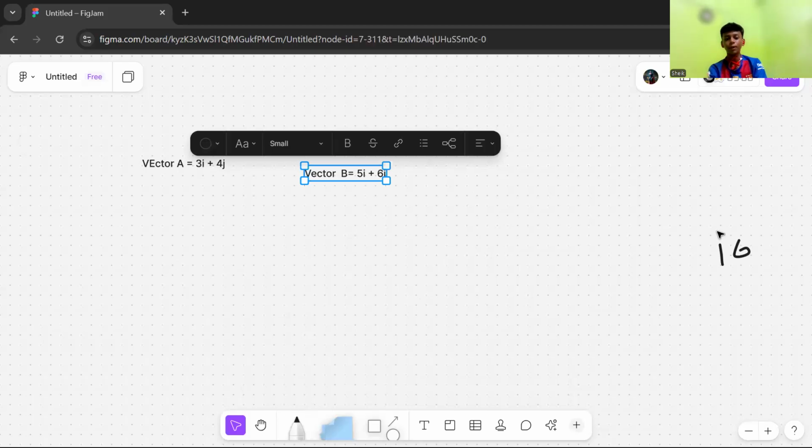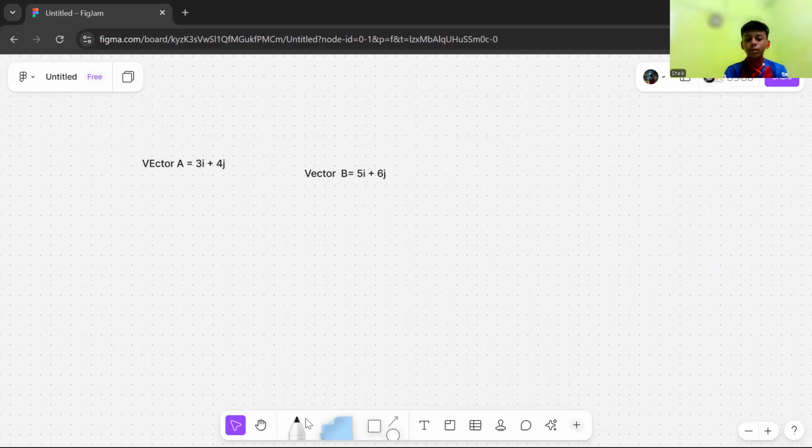Now for finding the value, we can use the formula.